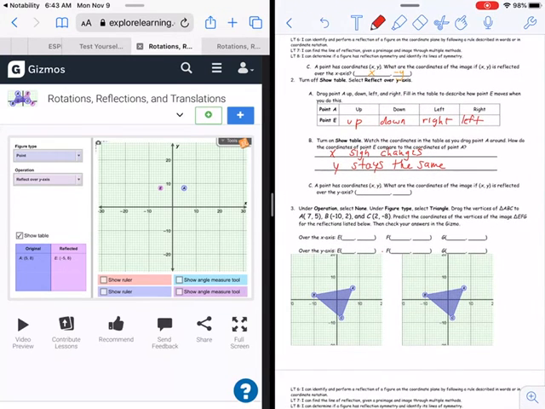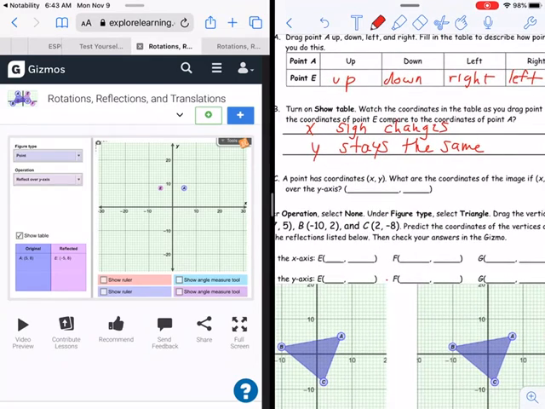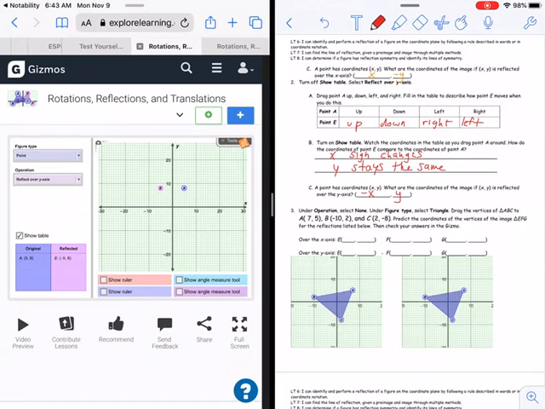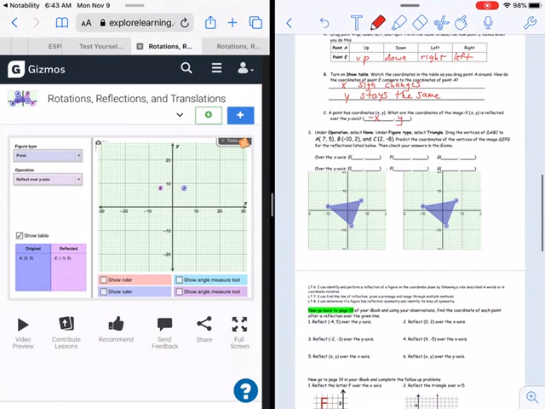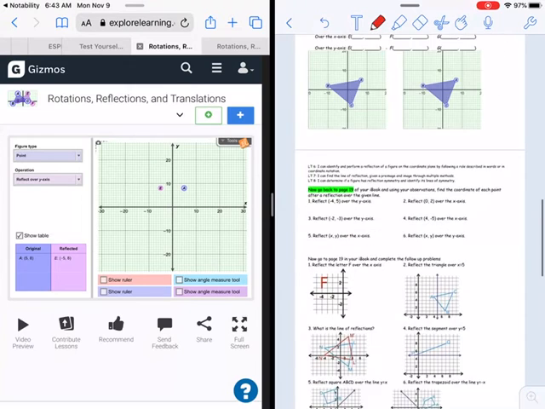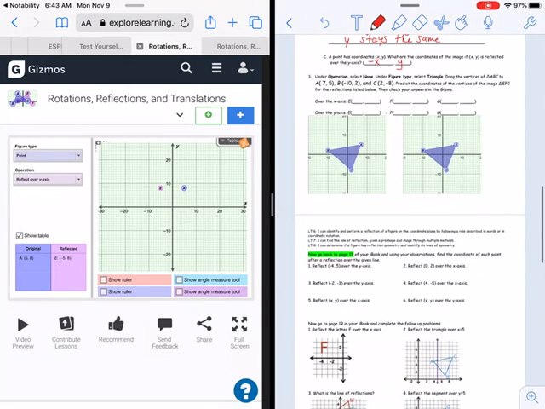So for a point X, Y, what are the coordinates of the image if X, Y is reflected over the y-axis? Well, X is going to change and Y is going to be the same. All right, so let's see what we got here. Yep, this is what we're going to do.